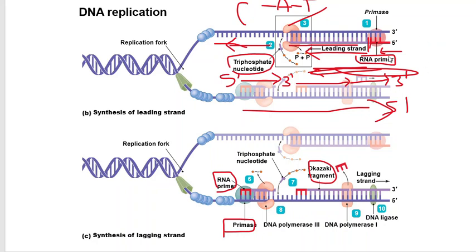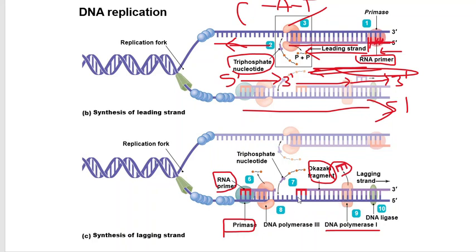Later, we're going to remove that RNA primer and replace it with DNA. There's an enzyme that does that. Now the Okazaki fragment, you can see that's another DNA polymerase. It's actually number 1 that removes the RNA primer and replaces it with DNA.